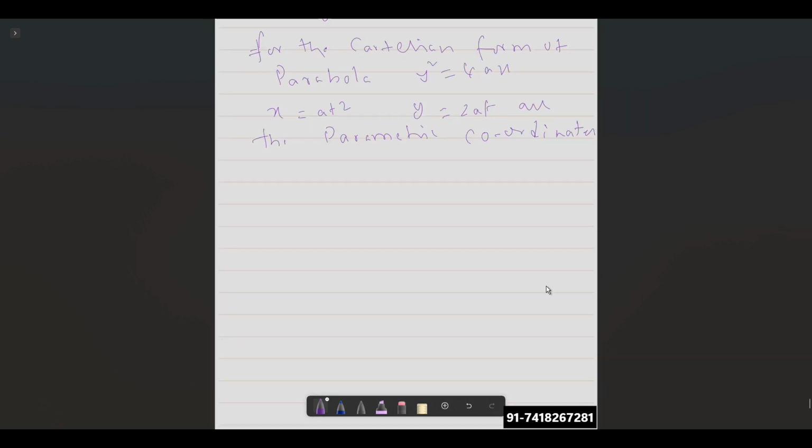If you say parametric coordinates, you need to represent it like x comma y. P of x comma y will become P of at square comma 2at. Suppose they are asking for parametric equations, then your answer will be x equal to at square, y is equal to 2at.